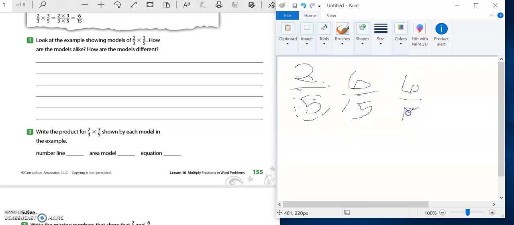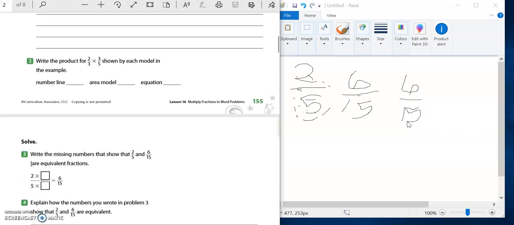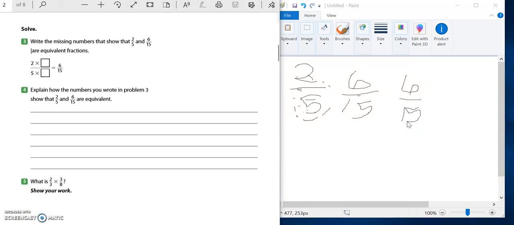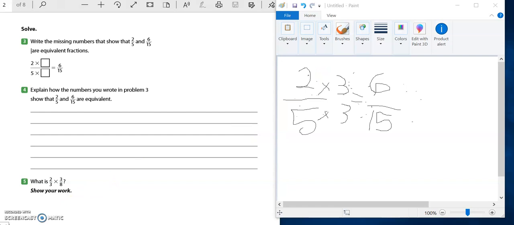Okay, so now we're going to move on to number 3. We're going to solve. Write the missing numbers that show that 2/5 and 6/15 are equivalent fractions. So just going by what I showed you earlier in converting 2/5 to 6/15, we would just multiply the numerator and denominator by 3, which would give us 6/15.